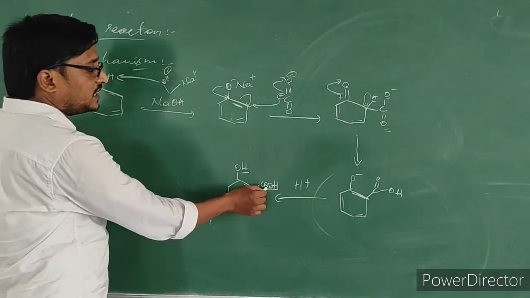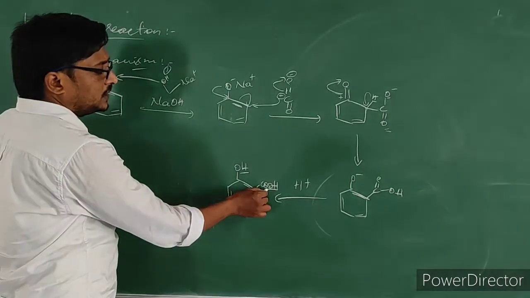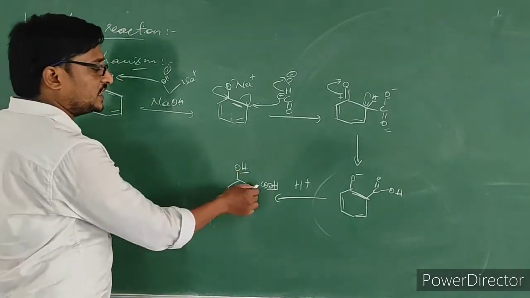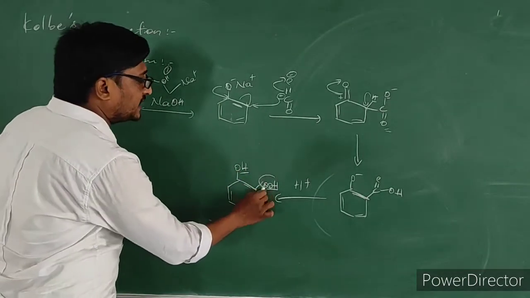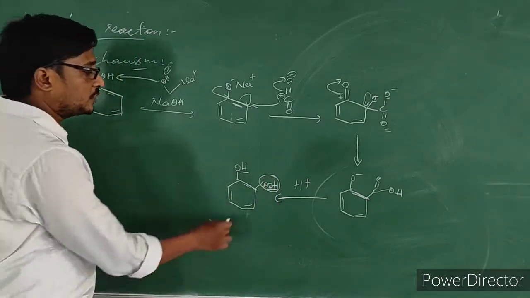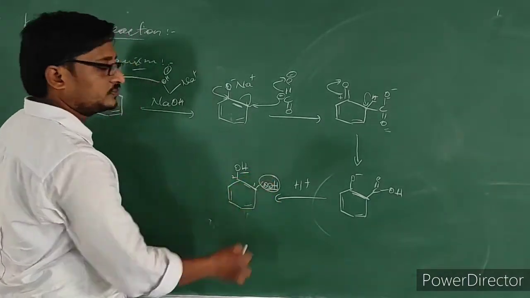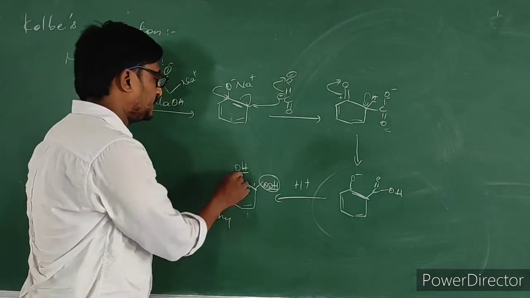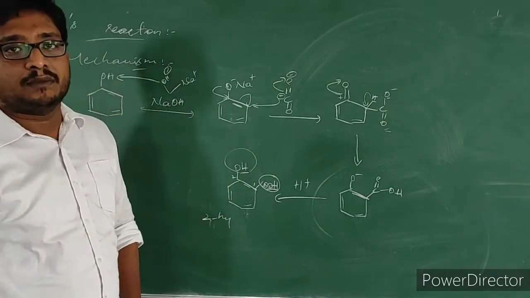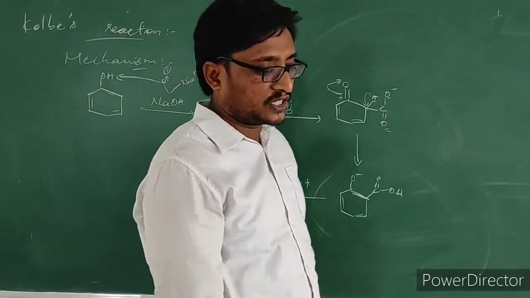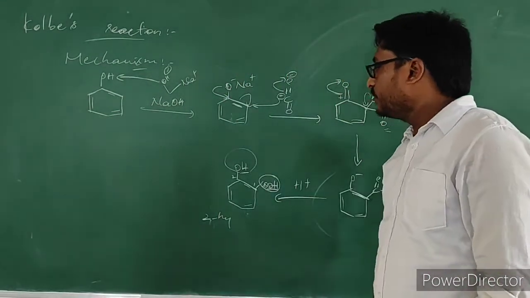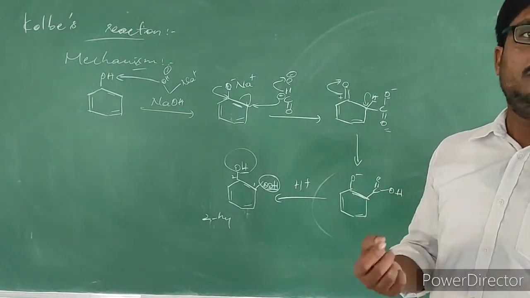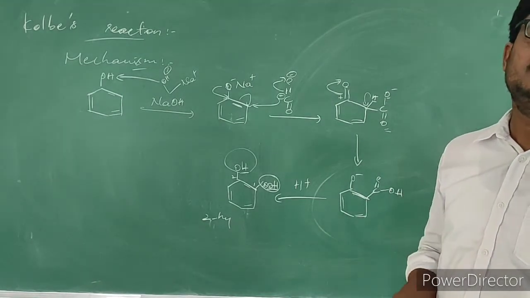This is the principal group, this is the secondary group. So preference is given to the carbon having this COOH, and numbering should start from this carbon as 1. So how to name this compound? 2-hydroxy. If OH comes as a secondary functional group, then we need to use the word hydroxy. If it is acting as a principal functional group, we need to use ol to indicate that.